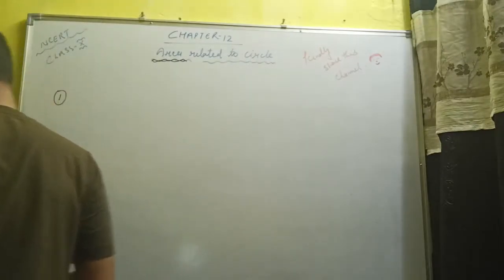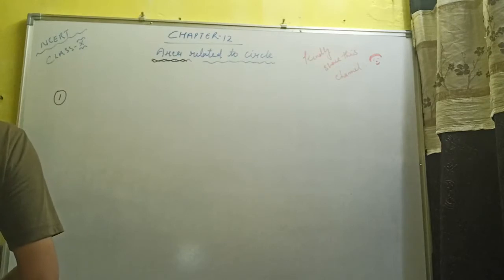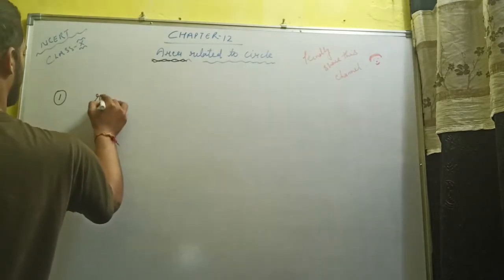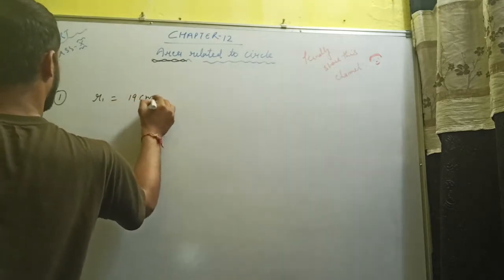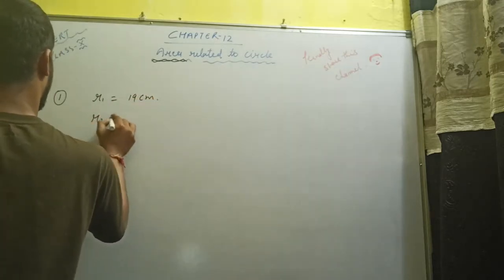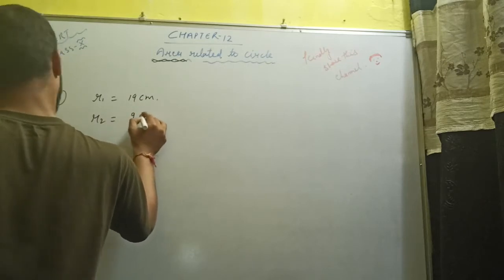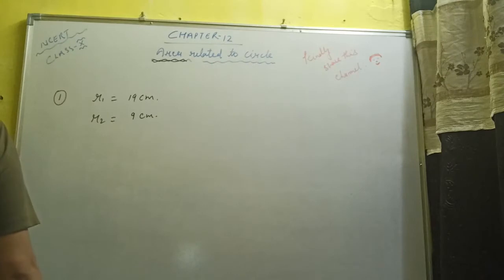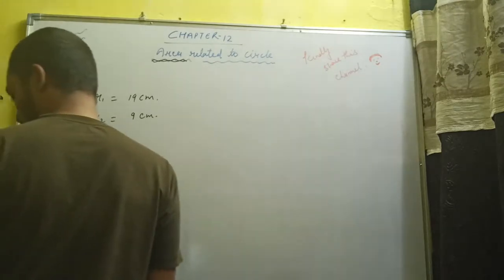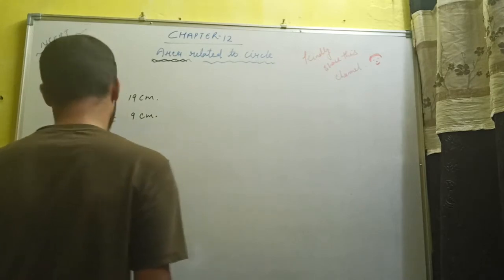The first question is: the radii of the two circles are 19 centimeter and 9 centimeter respectively. So r1 is equal to 19 centimeter, r2 equal to 9 centimeter. Now find the radius of the circle which has the circumference equal to the sum of the circumferences of the two circles.